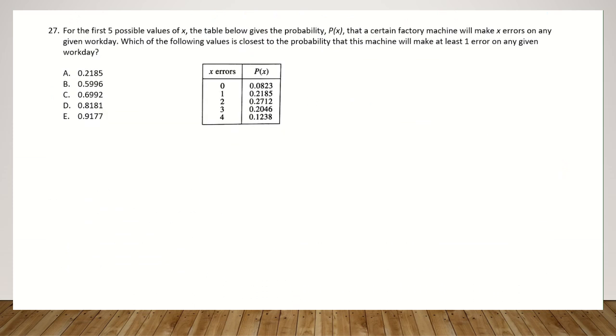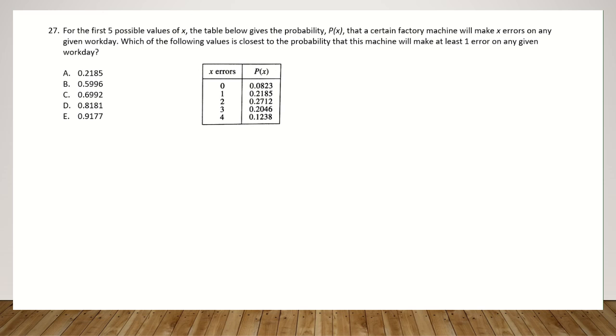Next one. For the first 5 possible values of x, the table below gives the probability, P of x, that a certain factoring machine will make x errors on any given workday. Which of the following values is closest to the probability that this machine will make at least 1 error on any given workday? So here's our word at least again.